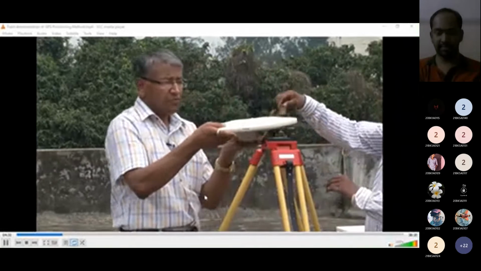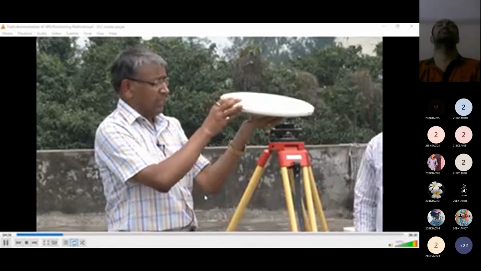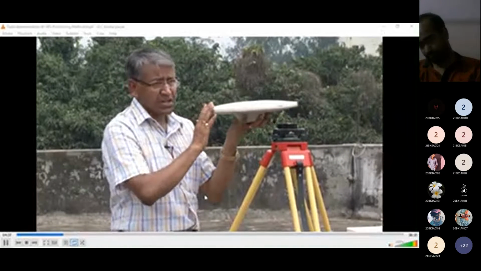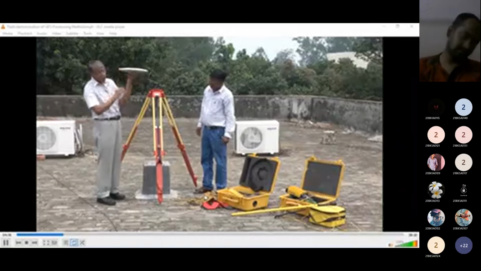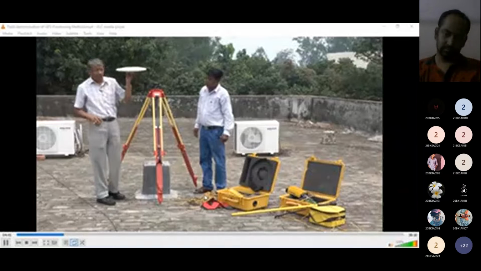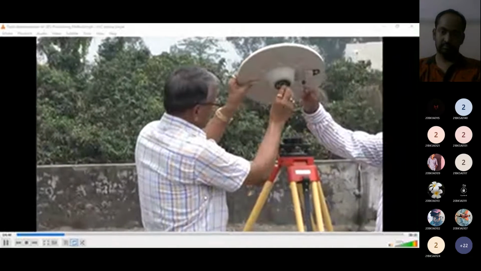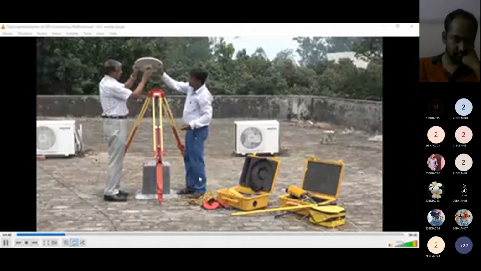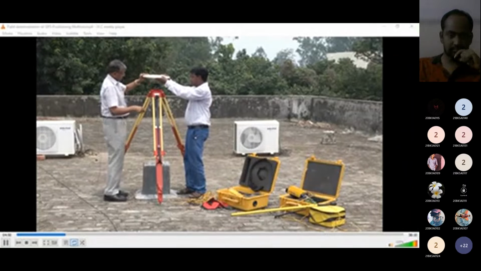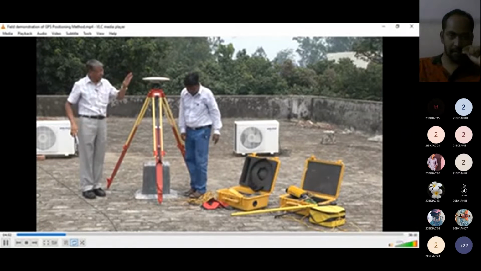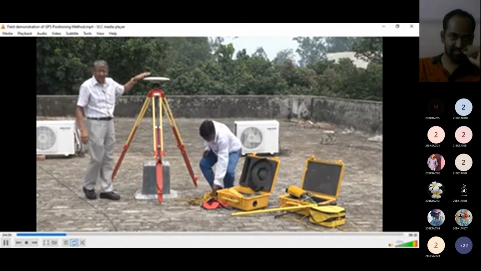This is a very high-end antenna, called a geodetic antenna, which removes the multipath errors. So now we are fixing it. Taking the adapter here and placing it, this is how we have placed the antenna.